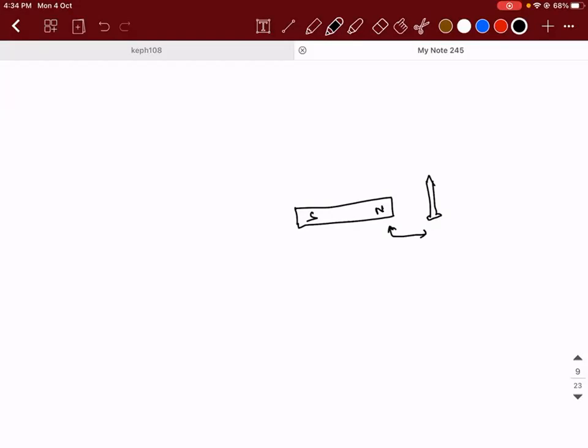See, if you do it practically, you can say yes or no. But if the question is posed theoretically, we need to ask certain questions. This iron nail will be able to get attracted to this magnet only if this magnet is strong enough. Can I say something like that?